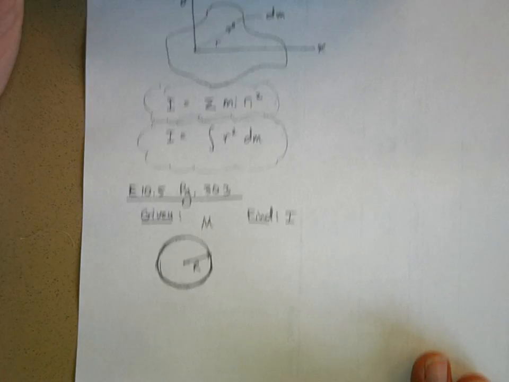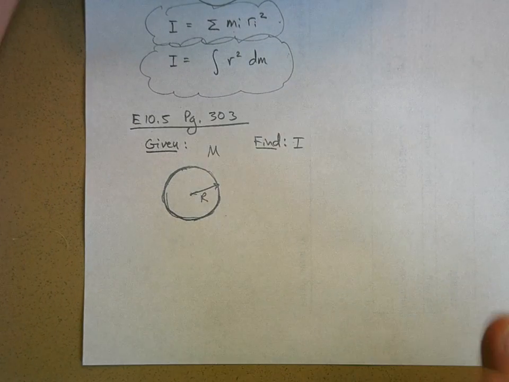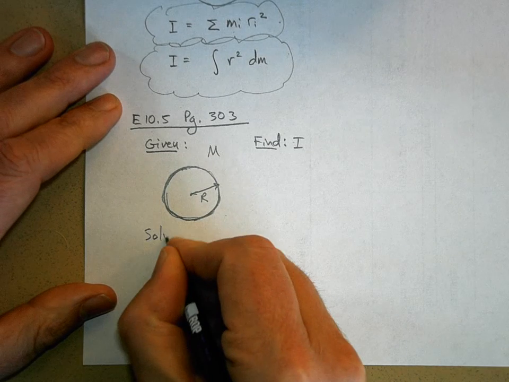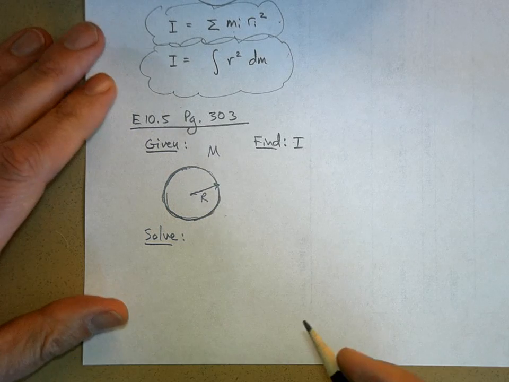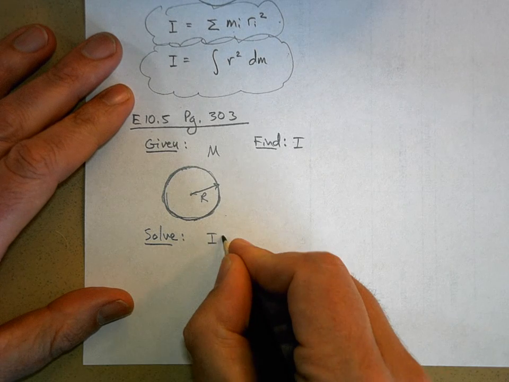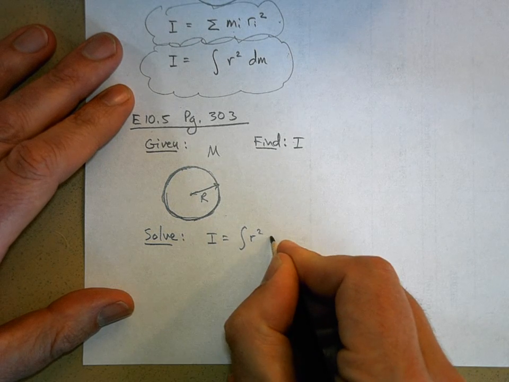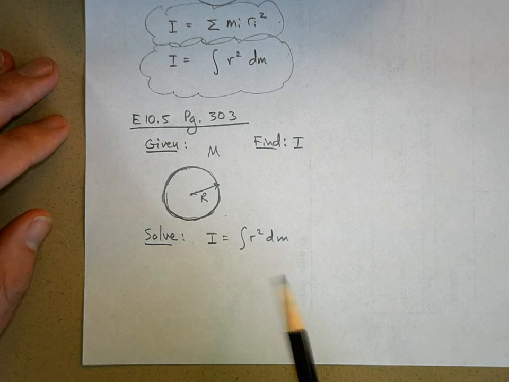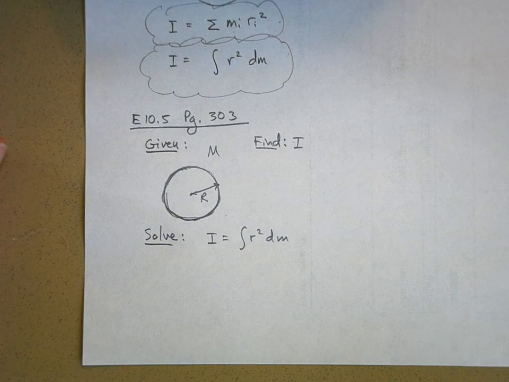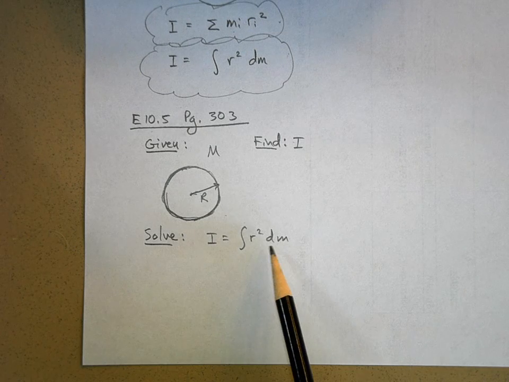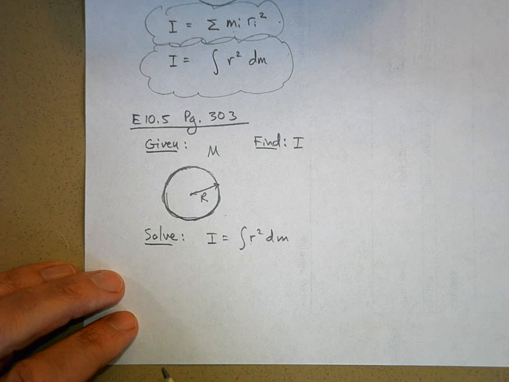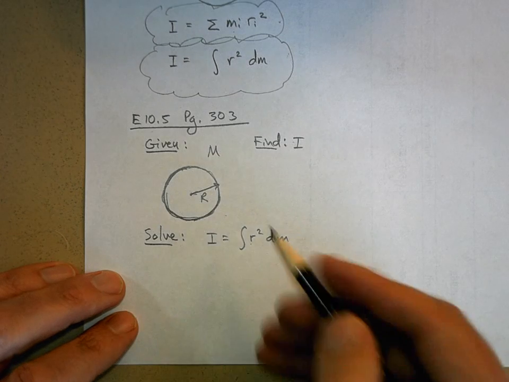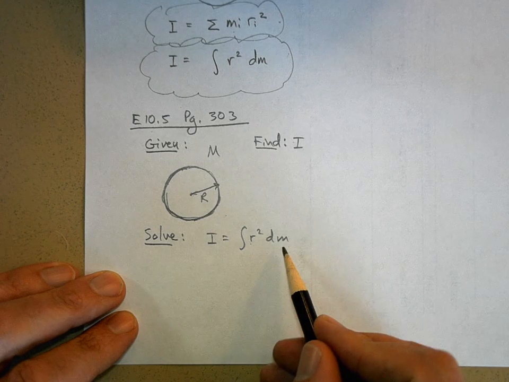Well, let's solve it. So this is an extended body, so I've got to write down the integral. Start here. If you were taking the AP test, just writing that down, you'd probably get a couple points. All right, so now you've got to take this thing apart. The first thing I always try to do is pick a little dm.